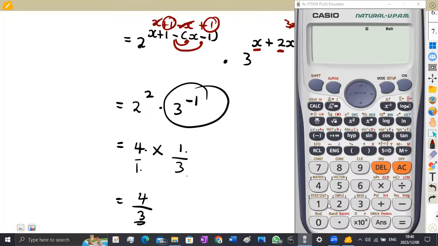This is going to be 2 to the exponent of 2 times 3 to the exponent of negative 1. Directly like this on your calculator, you're going to get 4 over 3. Simplify like that, you have your answer. So there's no mark that you're going to get for any other process or any other calculation that you're going to have here. All right, so we shall have a follow-up exercise on this part.